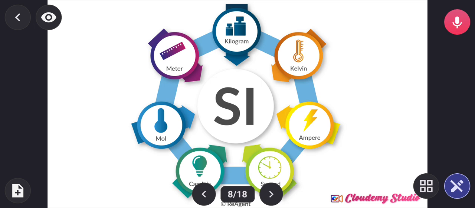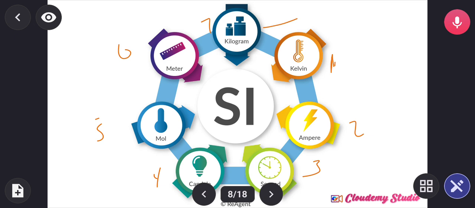This is the SI units. Now, look at them. We have 1, 2, 3, 4, 5, 6, and 7. Initially we have three fundamental quantities, but now we have four more. That is 7.